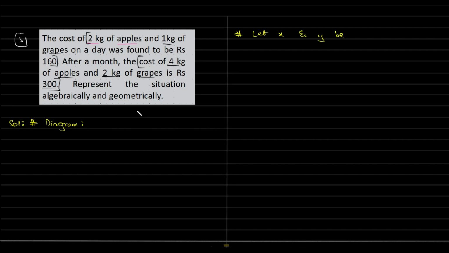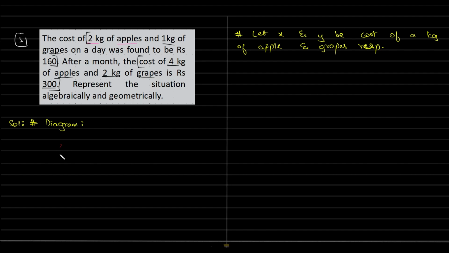Is it the cost of it? Yes, it is the cost per kg. Let x and y be the cost of a kg of apple and grapes respectively.